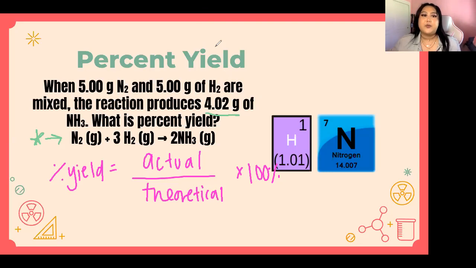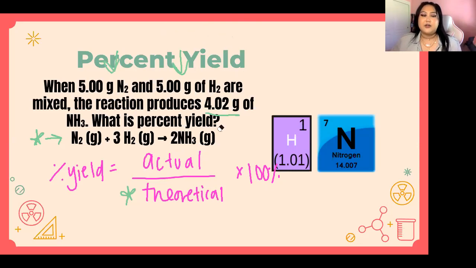So before we can actually plug everything in, we have to figure out what the theoretical yield is. But before we find the theoretical yield, we have to find which one out of N2 and H2 is the limiting reagent or reactant.